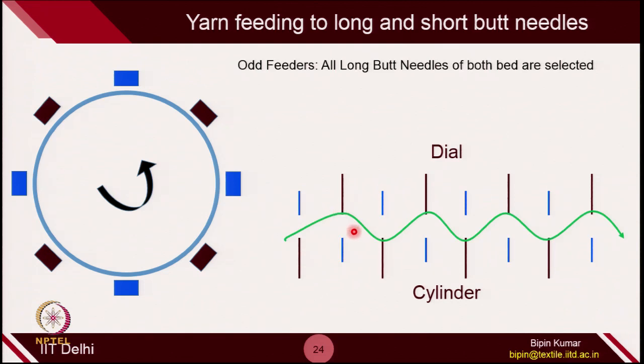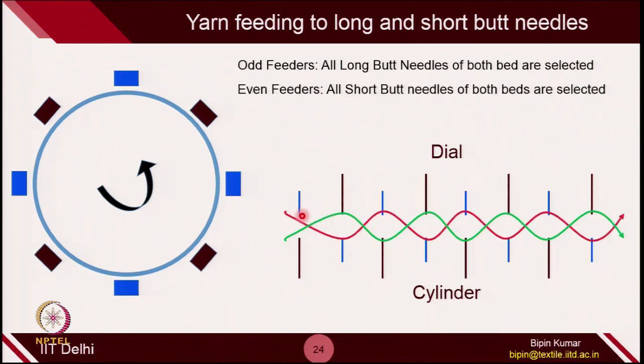Here only the long butt needles are selecting the odd-numbered feeders and even feeders are selected by short butt needles. This is how the feeding is done to both the needles of a single bed. This is applicable to the dial bed as well as the cylinder bed.